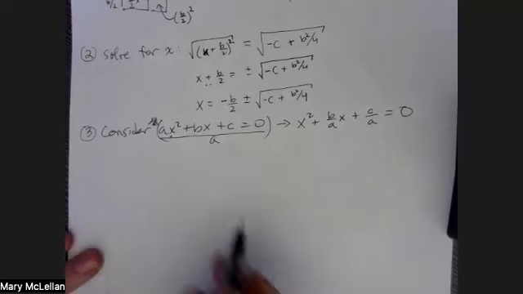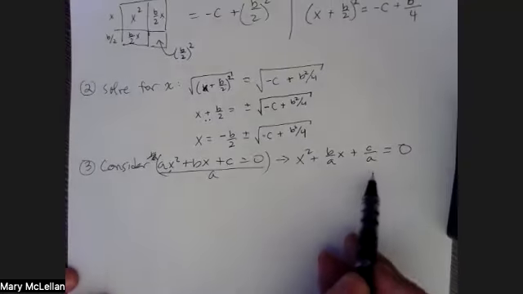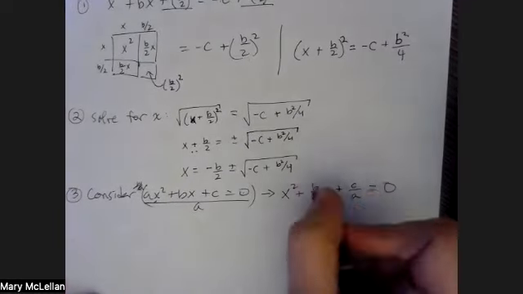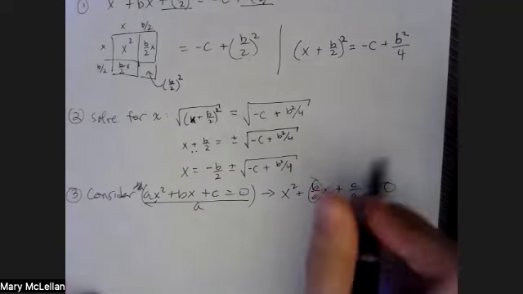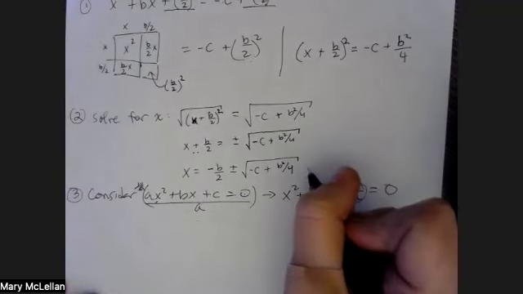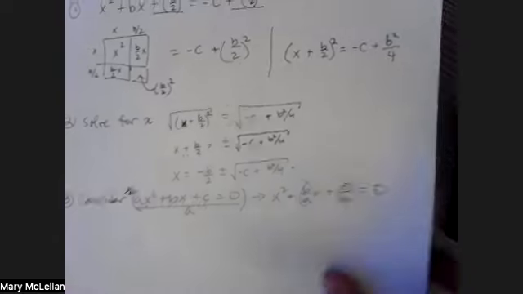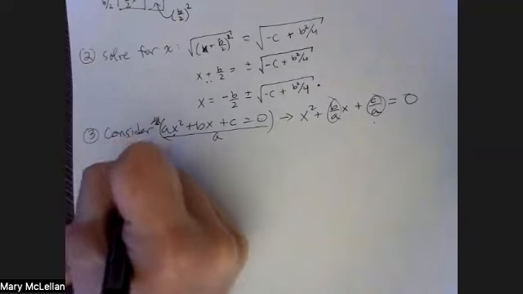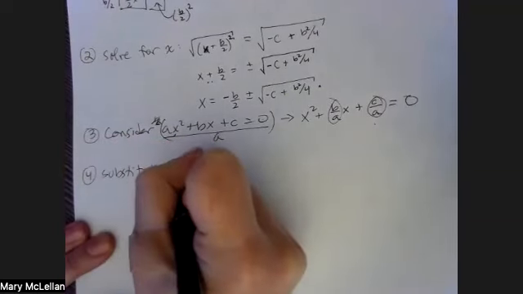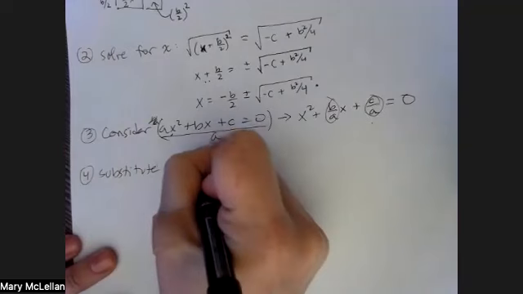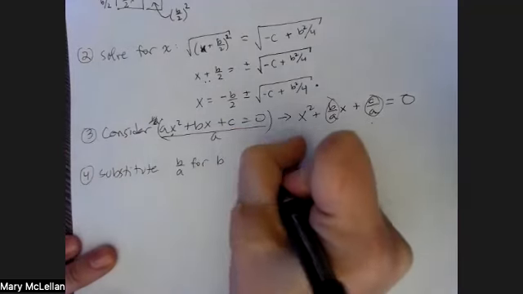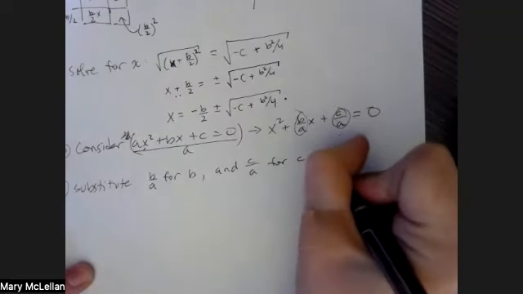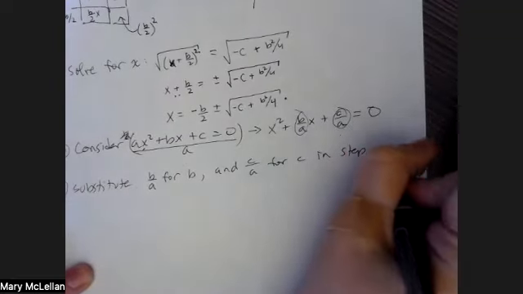All right, now I'm going to substitute b over a for all of my b values and c over a for all of my c values in my equation from step 2. So number 4, substitute b over a for b and c over a for c in step 2.